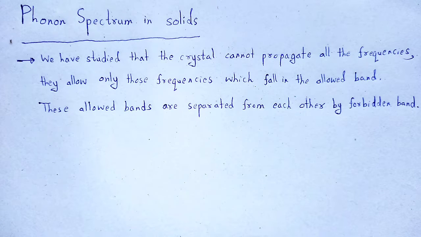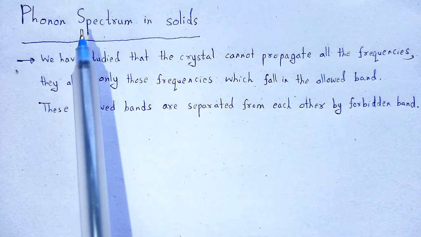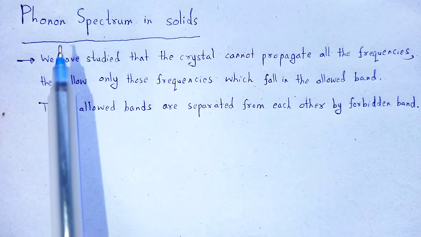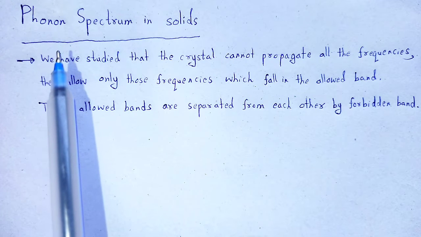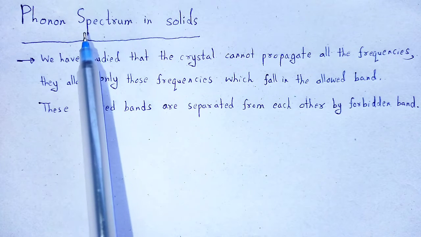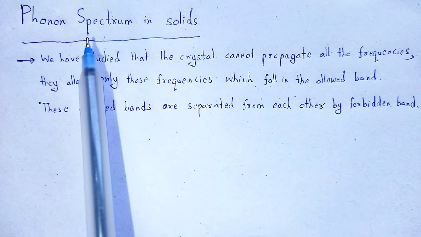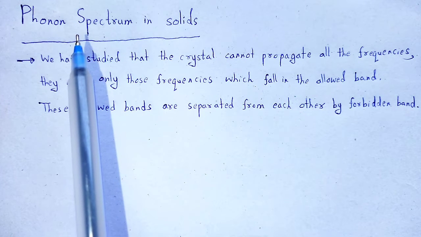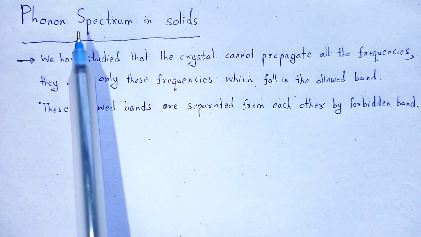Generally, we obtain spectrum in an atom. If we consider an atom, then the spectrum we see is due to the change in its transition.